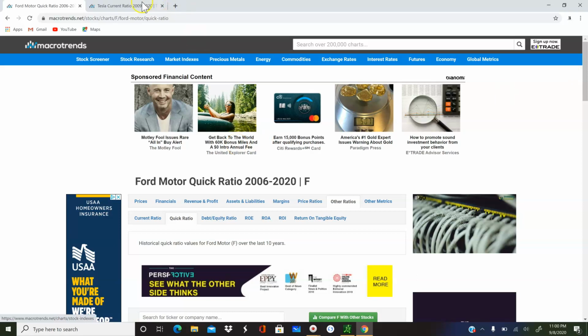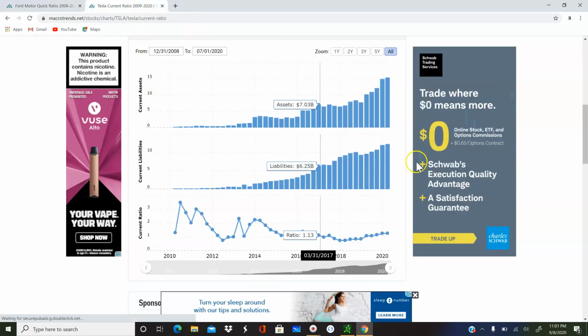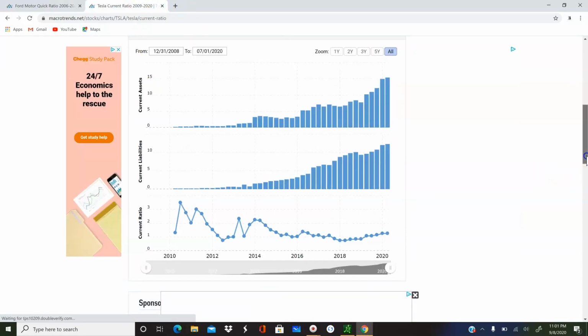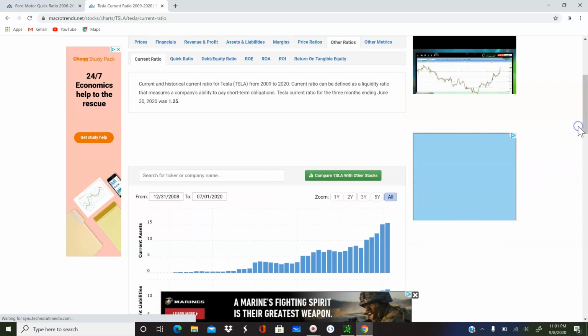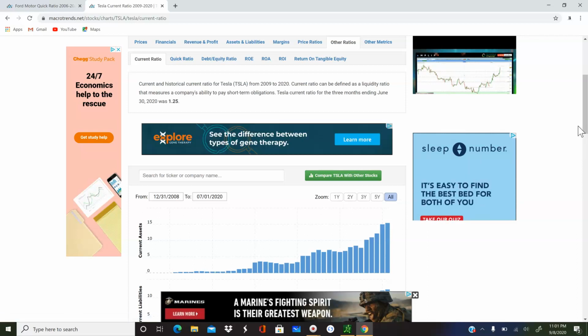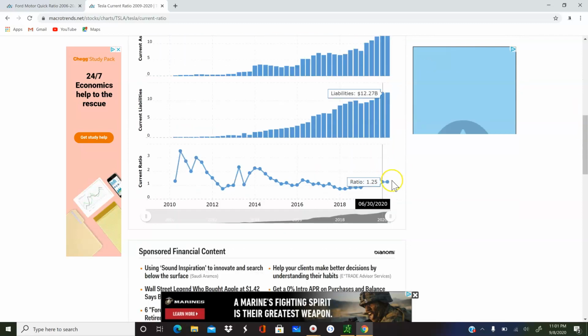Let's look at another example, Tesla, since they sell cars. Not only do they sell cars, they manufacture and sell cars. For the same period of time, Tesla's current ratio is 1.25, for the 3 months ending June 30, 2020.